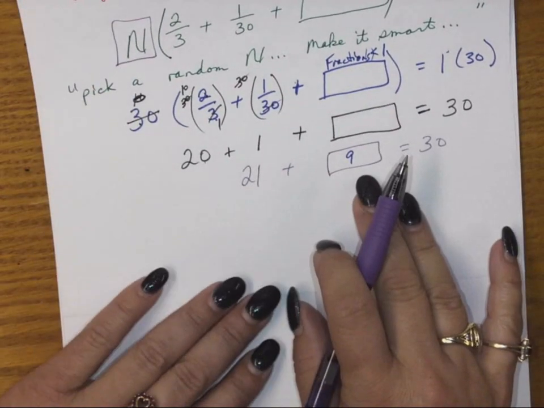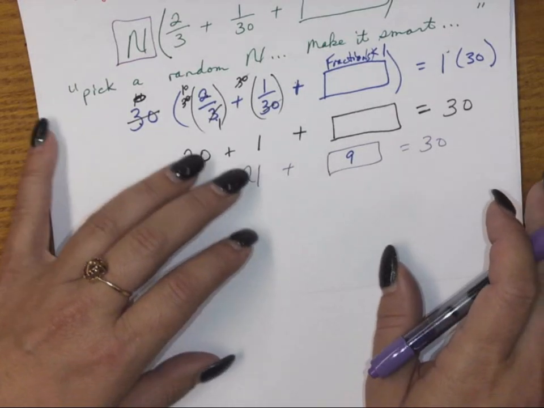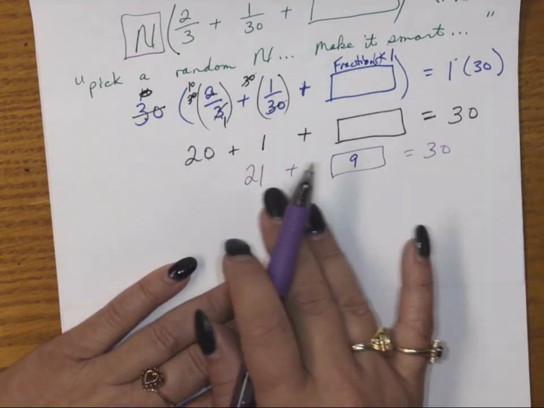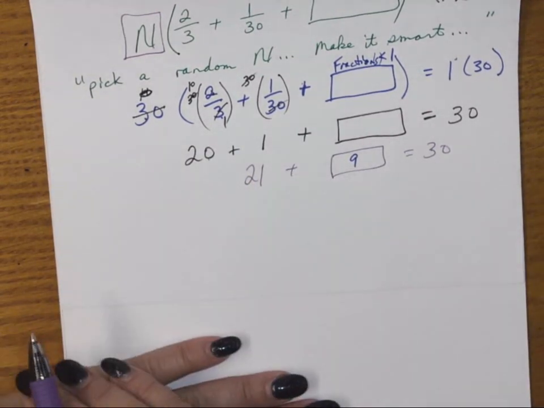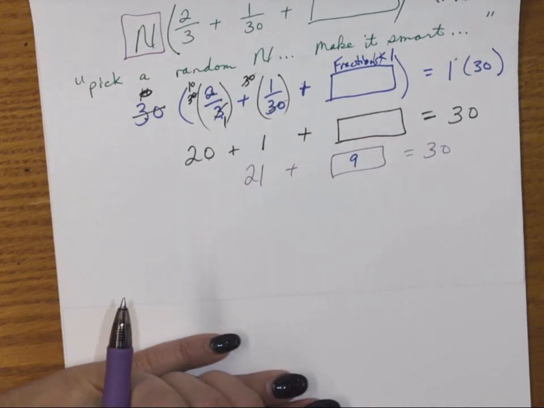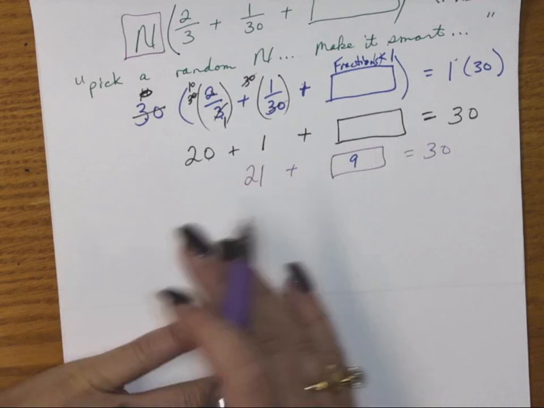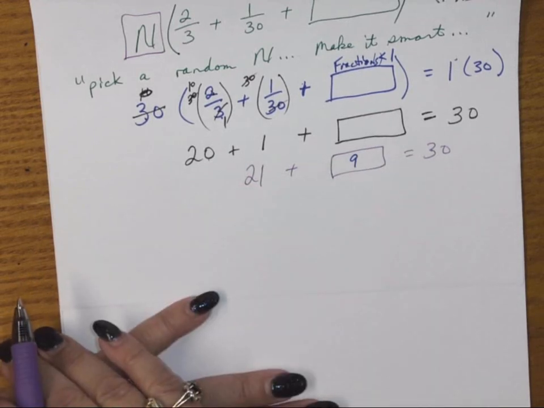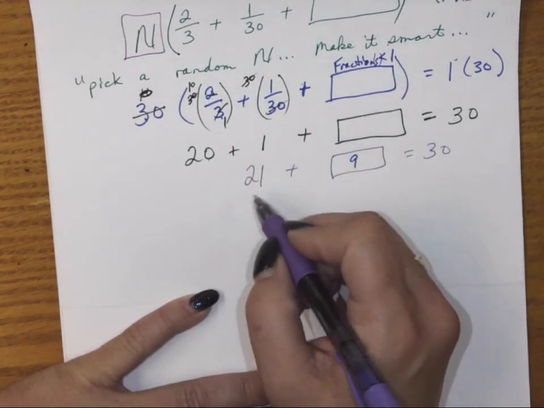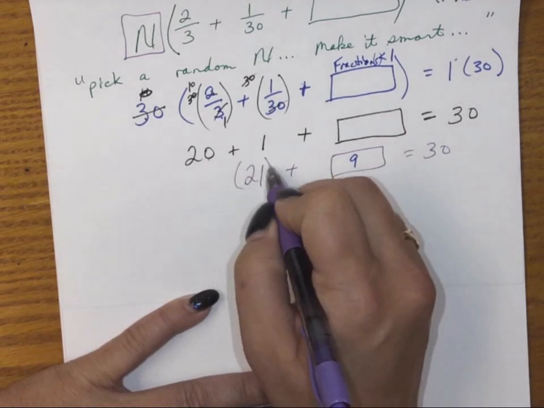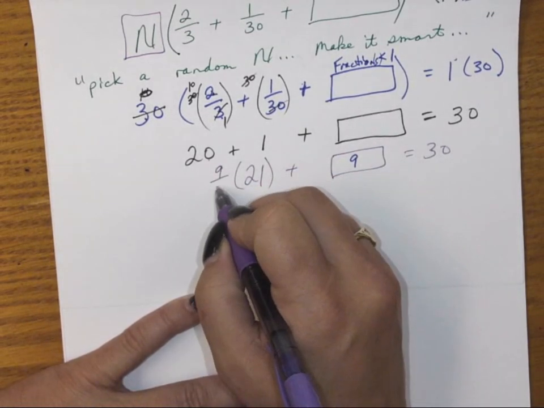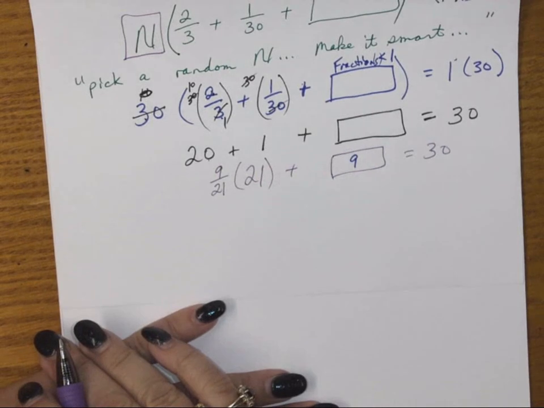How can I get to the 9? So what I really need here is some portion, something that I can multiply this by that'll give me a 9. What would it be? Think about it. If I multiply by 9 over 21, what would happen there?